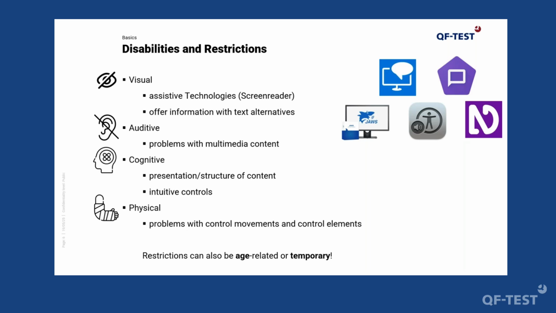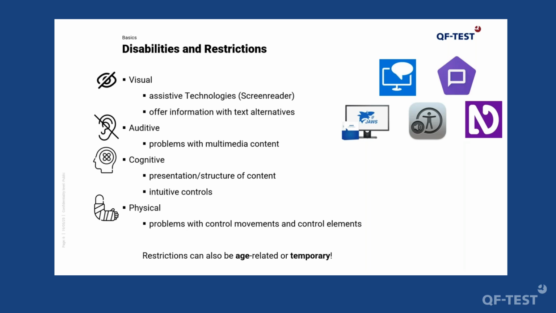People with some sort of cognitive disability often struggle if content isn't presented or structured well, or if controls are not intuitive. And physical disabilities often lead to problems with control movements and control elements.